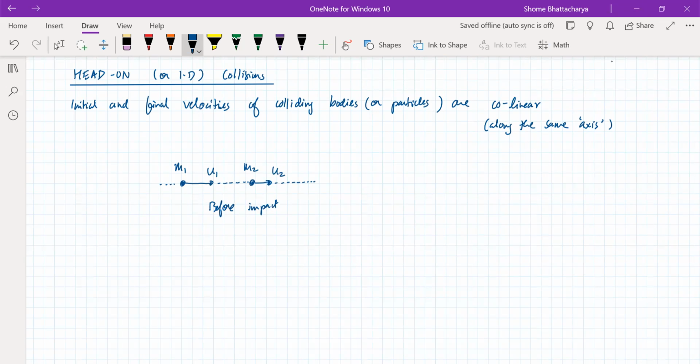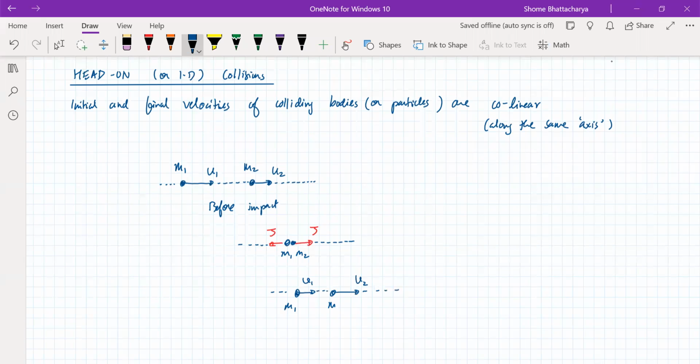Now, as they come in contact after some time, they will apply equal and opposite impulse on each other. And that impulse will also be along the same axis. So therefore, after impact, the final velocities will also be along the same axis. So here I'm just assuming that V1 has not become reversed. It has just reduced in magnitude compared to U1 because of the impulse.